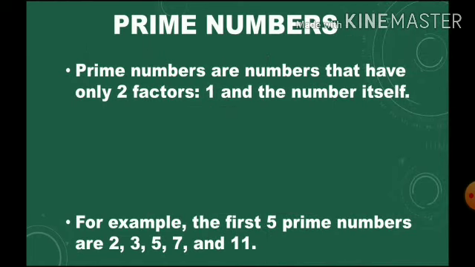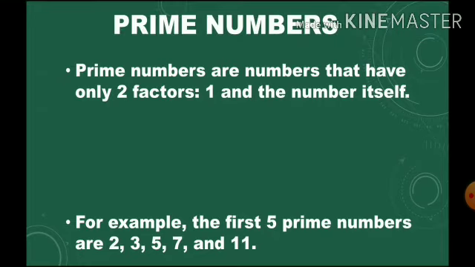Prime numbers. What are prime numbers? Prime numbers are numbers that have only two factors, 1 and the number itself. That means only two factors, 1 and the same number itself.